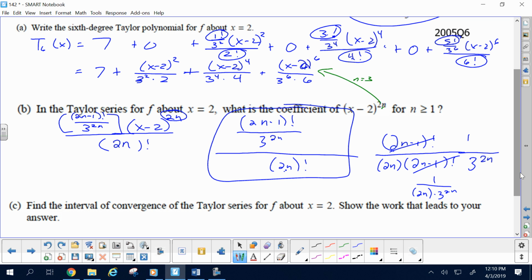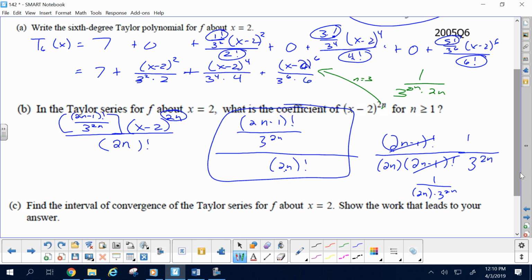And the denominator was 1 over 3 to that same power, so we might have actually just been able to find it up here. The coefficient of (x − 2)^(2n), well, the stuff in the denominator is just 2n. That might have been easier.